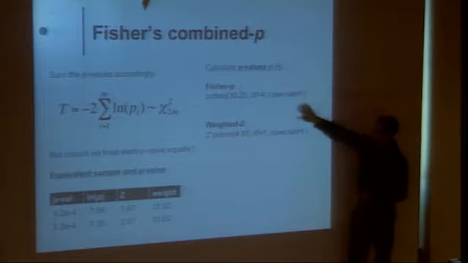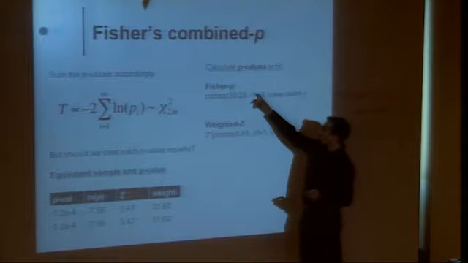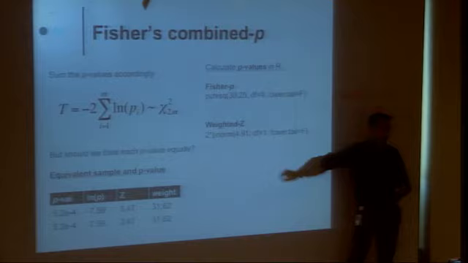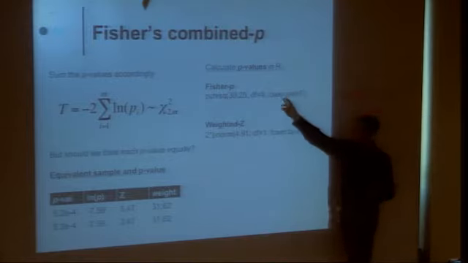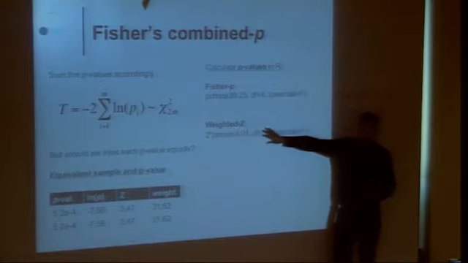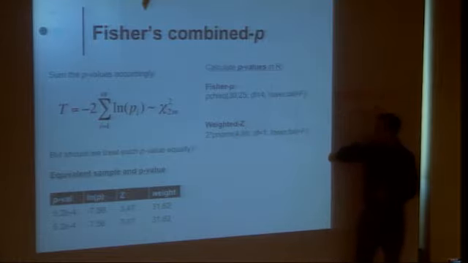And when you actually take equivalently sized studies, what it turns out is that this gives you a lower p-value than this one. And so by and large, this is actually a much better powered test. And it's more accurate.